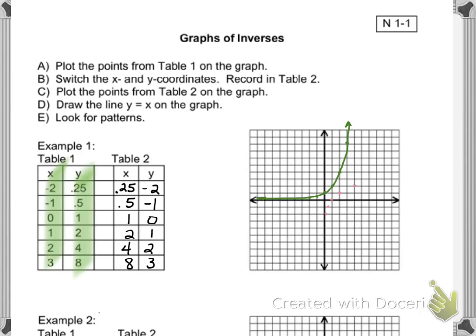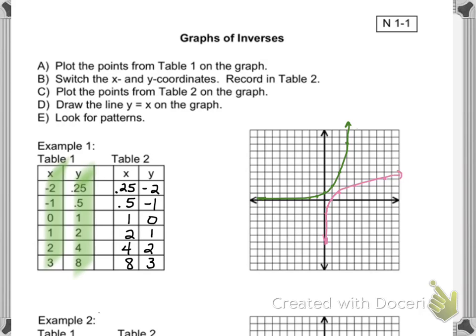And at 8, we're at 3. Okay. So there's those points. We're going to connect those. So we kind of have that graph on there. So that's our first two steps, A and B.